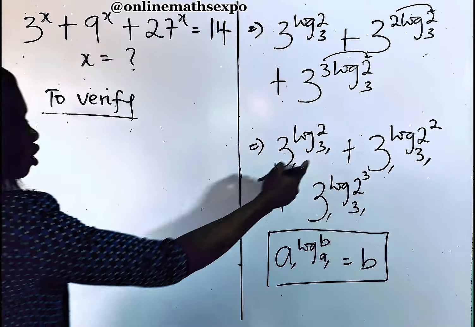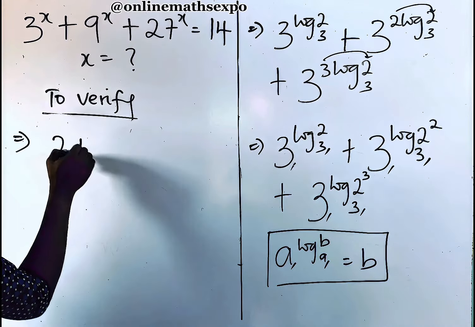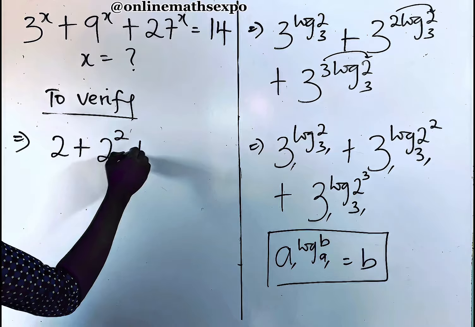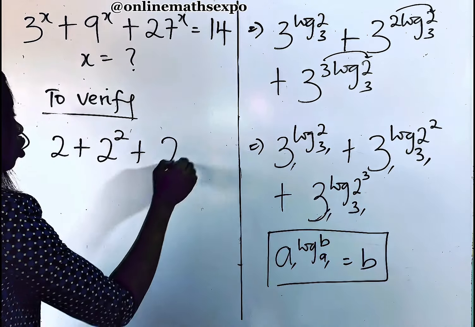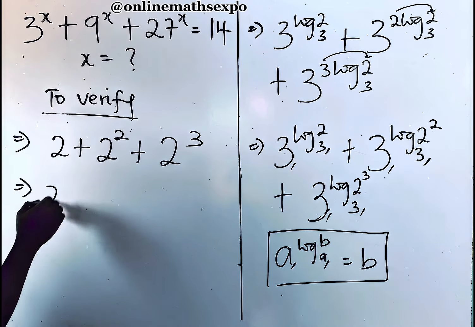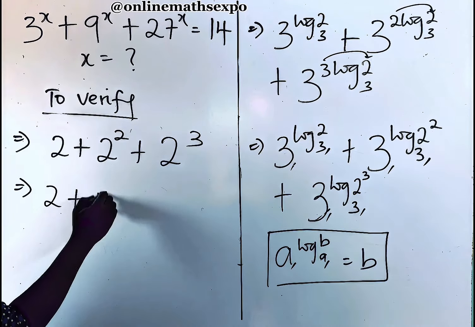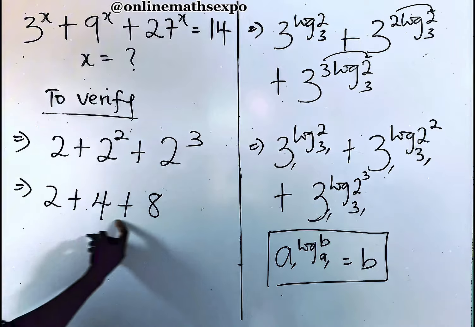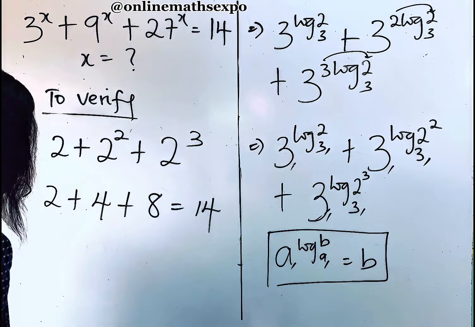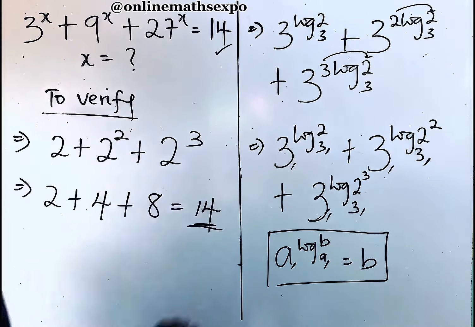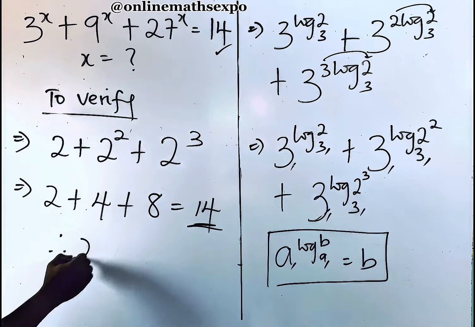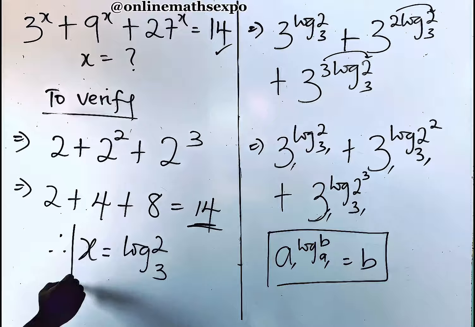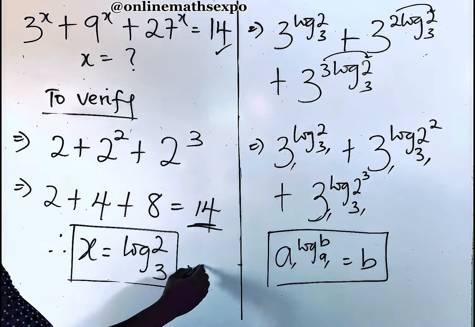For this, we have 2 plus, for this, we have 2 squared, for this, we have 2 cubed. And that gives us 2 plus 4 plus 8. So if you add this, it gives you back 14, and that is what we have at the right side. So it means that x we got as log of 2 base 3 is absolutely correct.